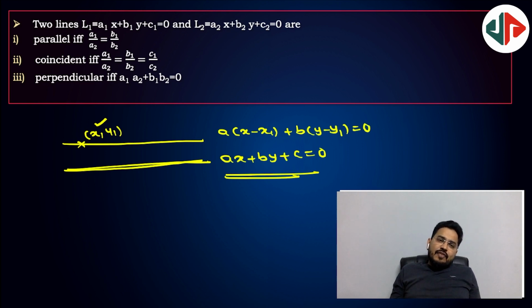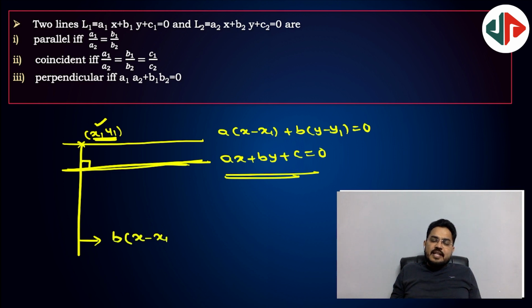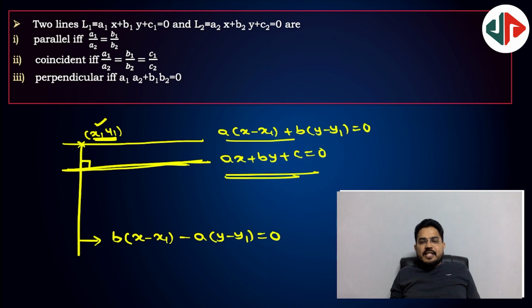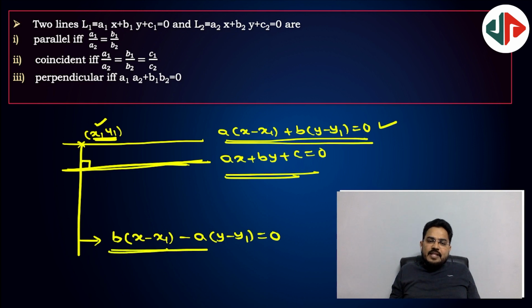And I need to find a perpendicular line passing through x1, y1 perpendicular to this. This equation will be b times x minus x1 minus a times y minus y1 is equal to 0. A into x minus x1 plus b into y minus y1 is equal to 0 is parallel. B into x minus x1 minus a into y minus y1 is equal to 0 is perpendicular.